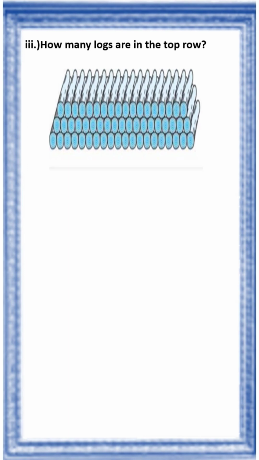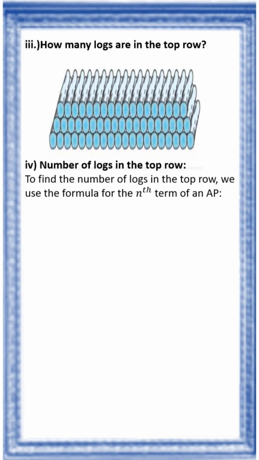How many logs are in the top row? To find the number of logs in the top row, we use the formula nth term of an AP, an is equal to a plus n minus 1 into d. Here n is 16, isn't it? 20 plus 16 minus 1 into minus 1.